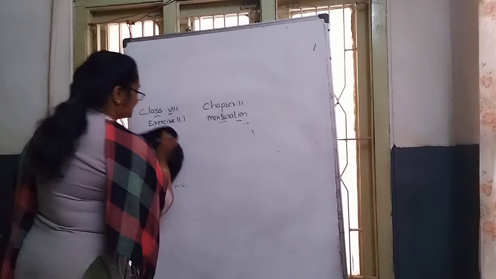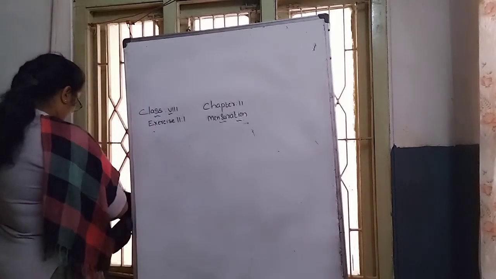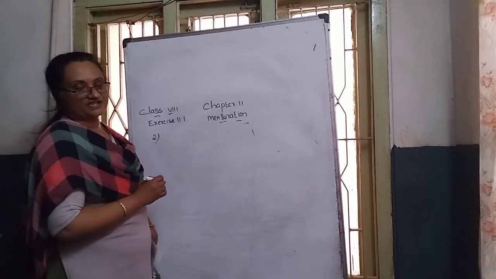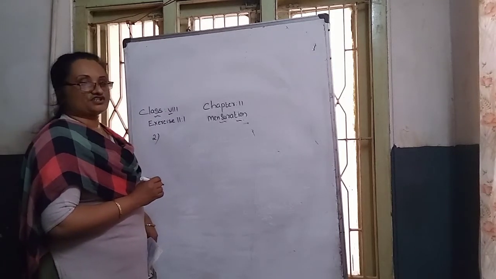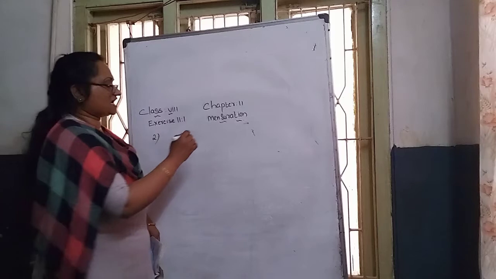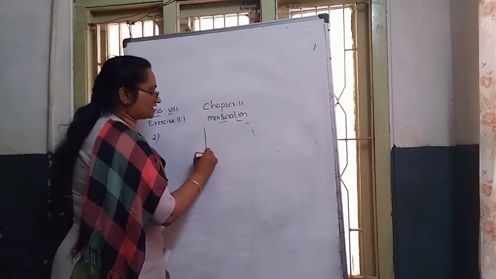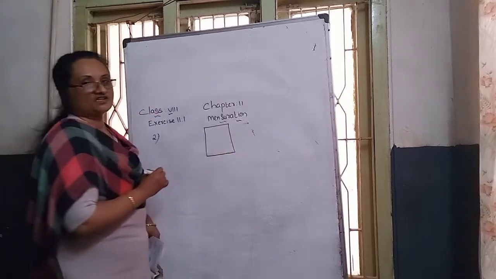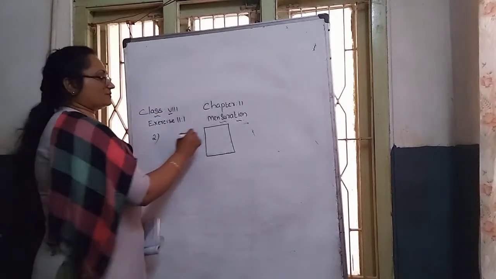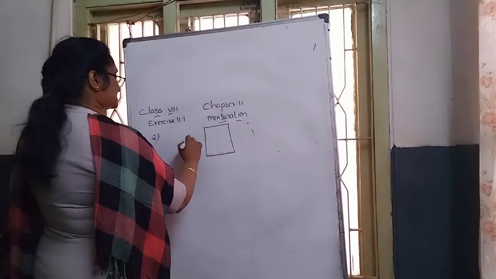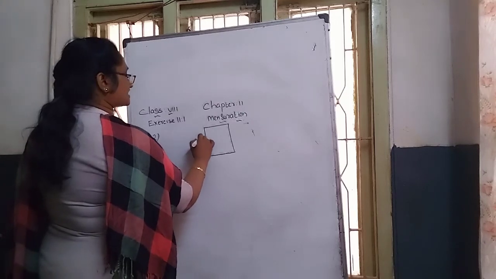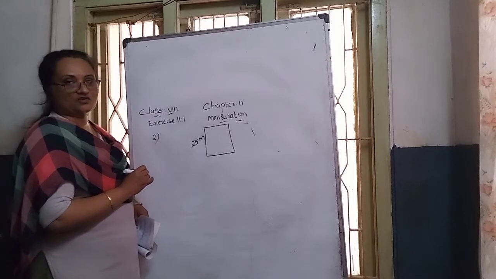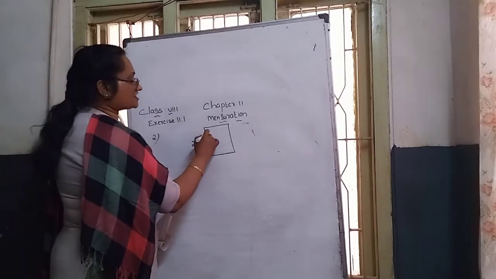The second question is about one person, Mrs. Kaushik. She is going to construct a house; she has a square shape plot. Her plot is in which shape? A square shape plot. The side of the square plot is given as 25 meter.